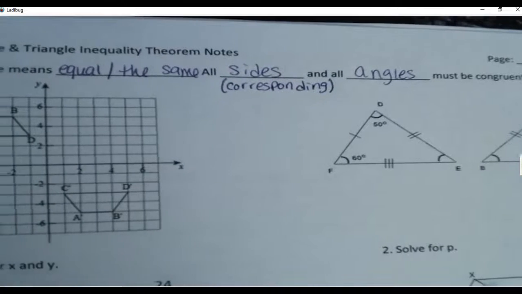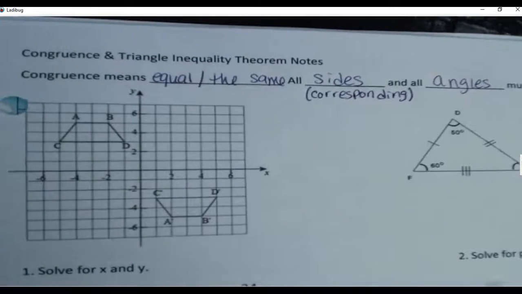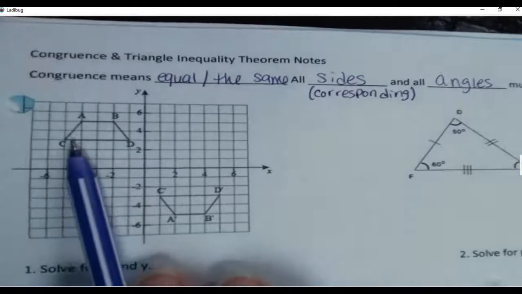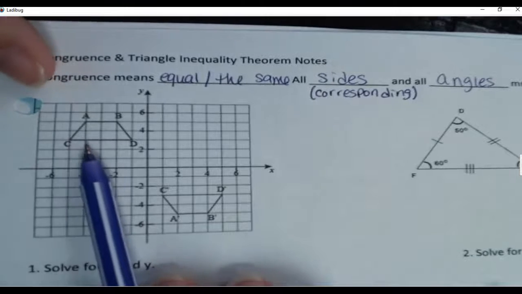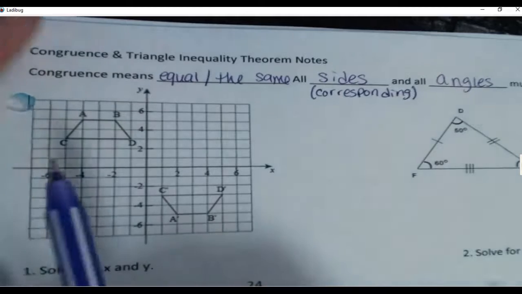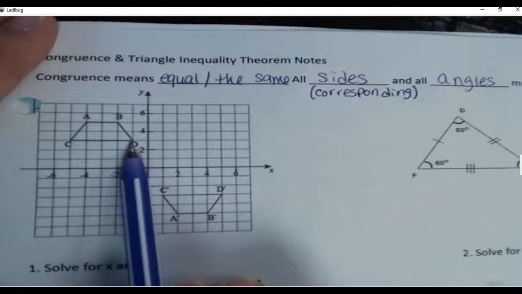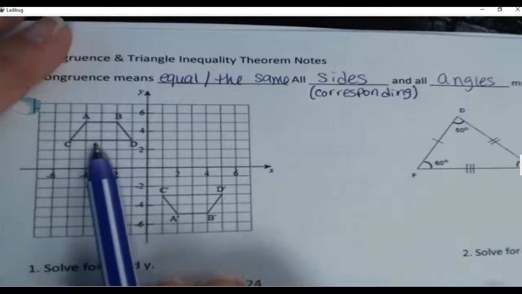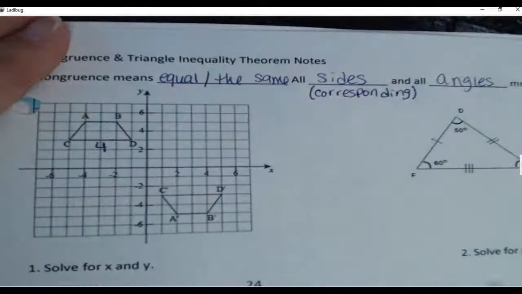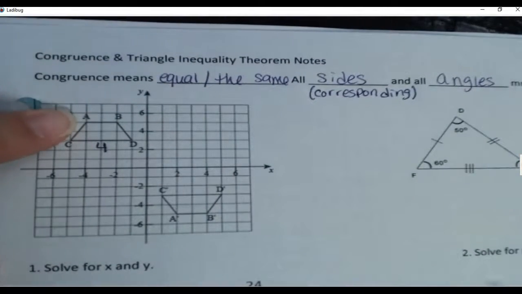So if we look at this first one here, these two trapezoids, it doesn't tell me that they're equal, but I can look at the lengths and see if they're the same. So if I look at this length of CD, I can just count that it's 1, 2, 3, 4. What's the length of AB?